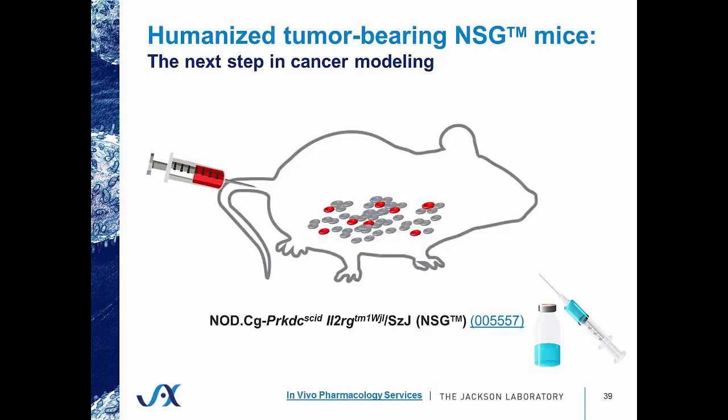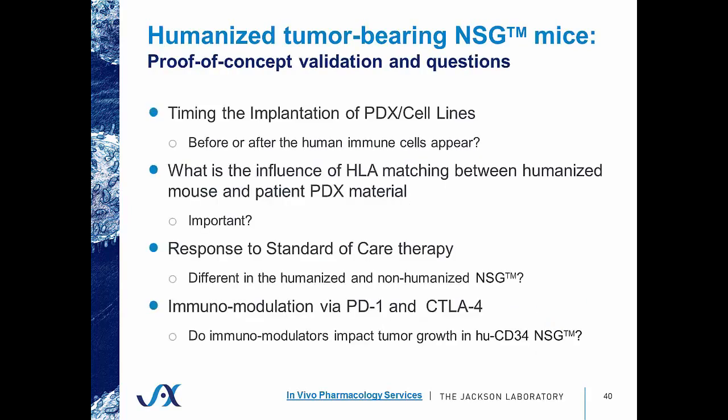I'm going to show you some new experiments in which we have validated this exciting new model. Some of the questions we had to answer for this new model are whether the timing of the implantation of the PDX model or the cell lines is important. We also wanted to know whether HLA matching between the humanized mouse and the patient PDX tumor is important.